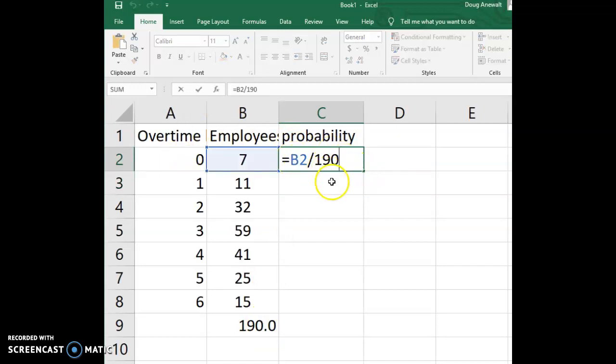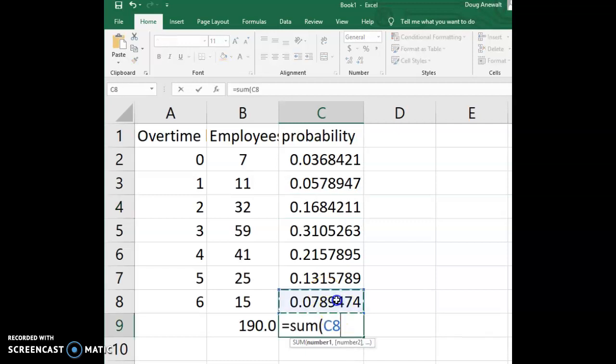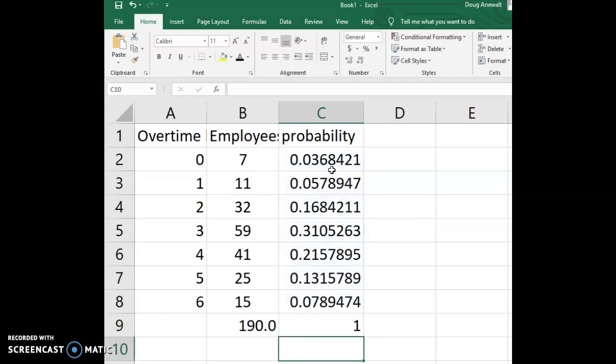Now the reason I wrote B2 is because now I can drag this down, and the next one will do B3, B4, and so on. And this is 11 divided by 190, and it's the probability that a randomly selected person works 1 hour of overtime, and so on. So you get the complete probability distribution here, and you can verify these should add up to 1 or 100%, because we have the probability for all the different possible options.